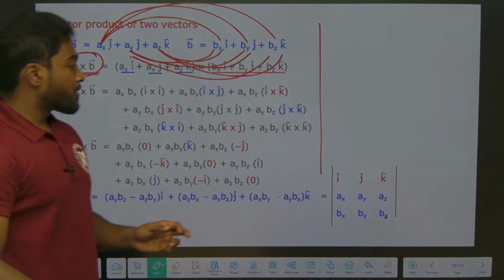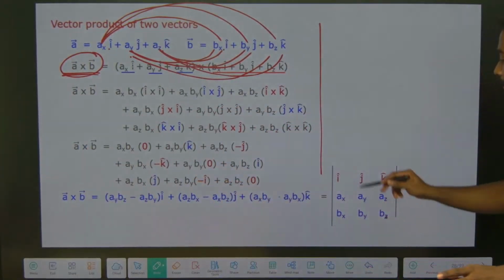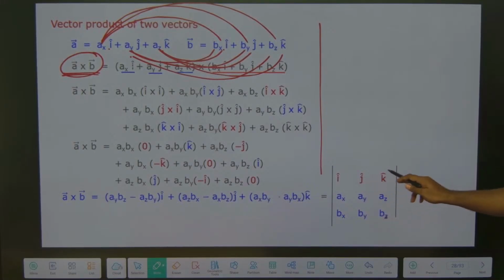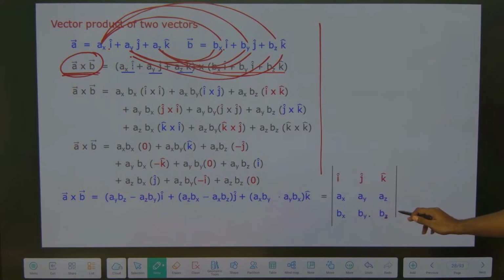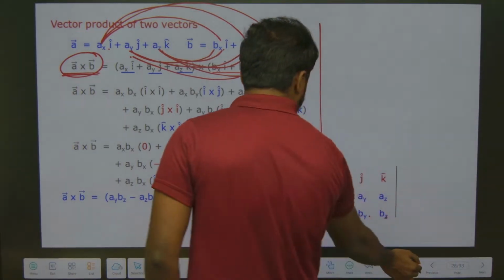For this we will use a method. I, j, k, Ax, Ay, Az, Bx, By, Bz. I will teach you here.